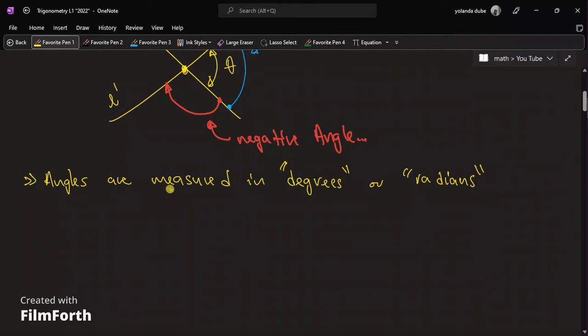You see, if you measure an angle, let's say you use a protractor. Protractors are always calibrated in degrees.